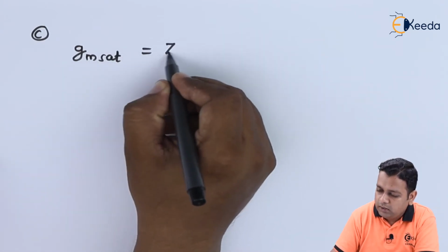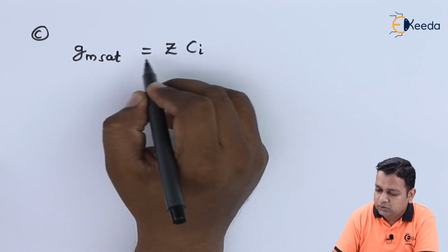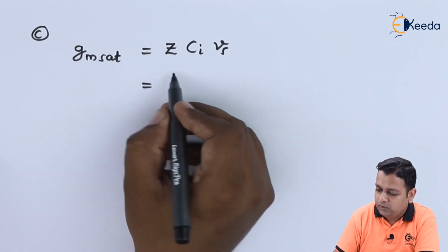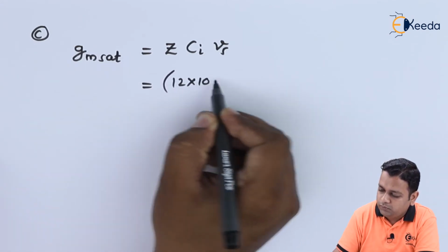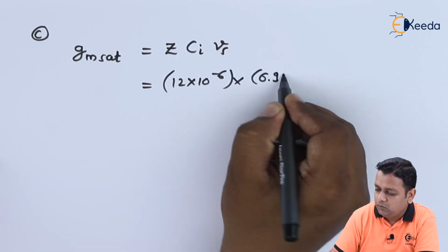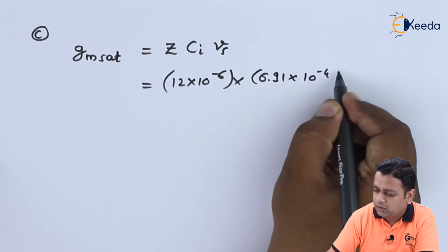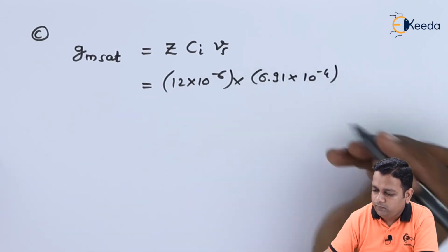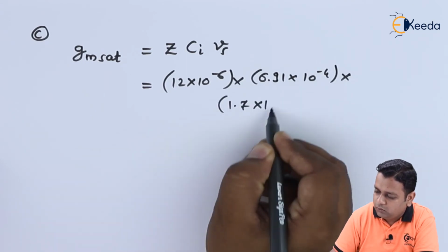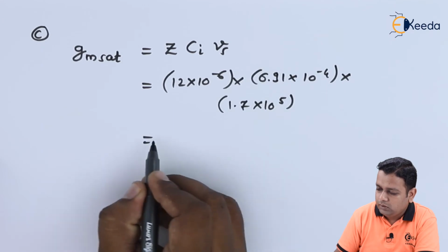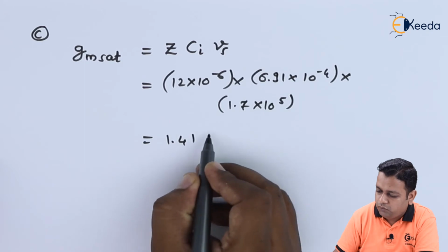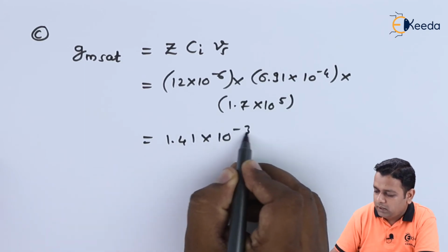It is computed by Z in multiplication to C suffix I into the velocity V suffix S. So we put 12 into 10 raised to power minus 6 in place of Z, 6.91 into 10 raised to power minus 4 from the answer of part A, and for Vs we put 1.7 into 10 raised to power 5. So this multiplication results in 1.41 into 10 raised to power minus 3.